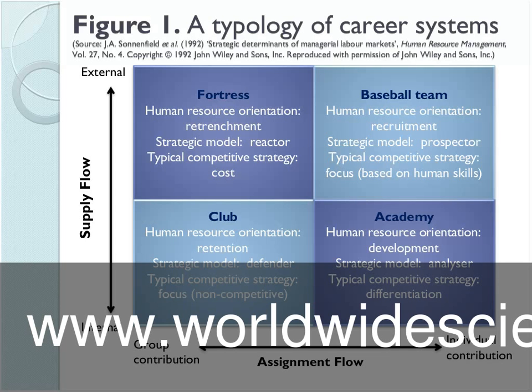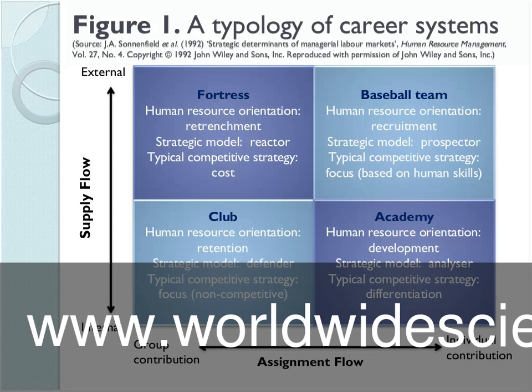Sonnenfield proposed a model, which you can see here in figure 1, which relates the entry and exit of staff with the promotion and development of staff in the organization.